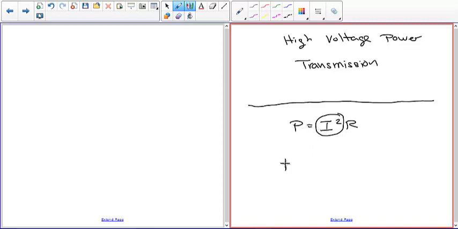So remember, power is also equal to voltage times current. So if I want to transmit a certain amount of power, I can do that if I increase my voltage. If I increase the voltage, then I decrease the current. So by decreasing the current, I can decrease this contribution to the power loss in the lines.